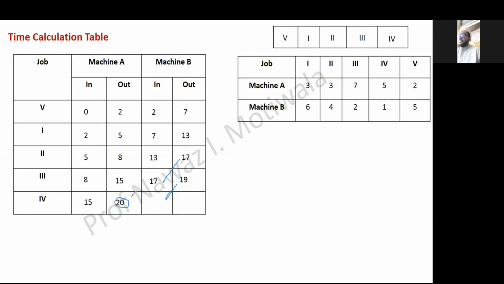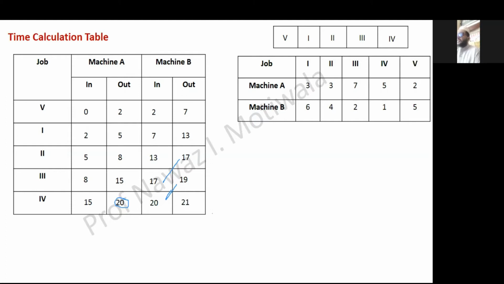So if the job is being processed on machine 1, how can it enter machine 2 before? So we have to see the maximum of these two. Here it is 19, here it is 20. Hence here I will get 20 as the in time for the next job. So this will become 20 and the processing time on machine 2 is 1. So 20 plus 1, the answer I will get is 21.